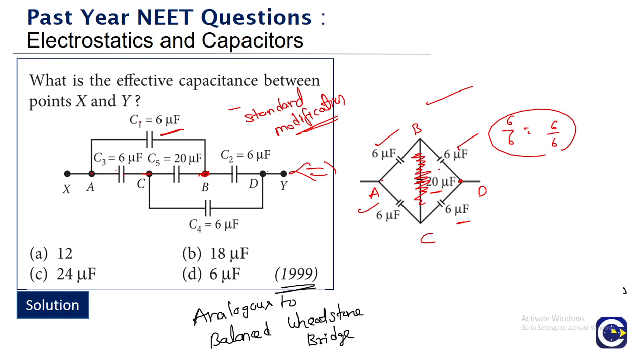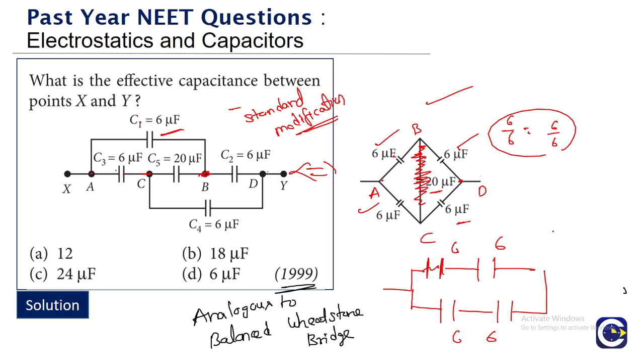Here this will not get charge, which means though it is physically present, we can take it out because it is redundant. Now you see what is there. There is an upper branch in which we have two 6 microfarad capacitors in series. Now this is gone. And there is a lower branch in which we have again two 6 microfarad.